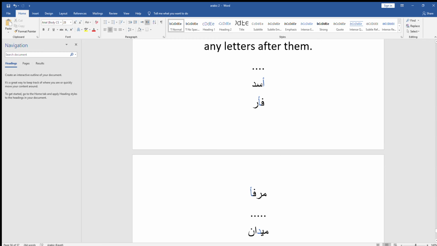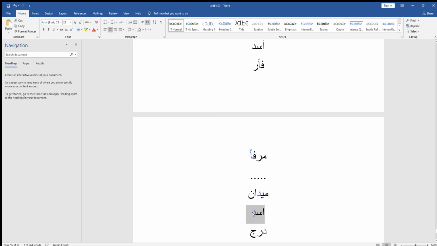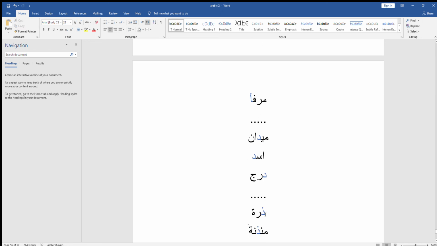And also دال. ميدان. دال is not attached to ألف because ألف came after دال, but attached to ياء because ياء came before دال. And the same here. دال is attached to sin because sin came before دال. دال is not attached to را because را came after دال. ذال is not attached to را because را comes after ذال.